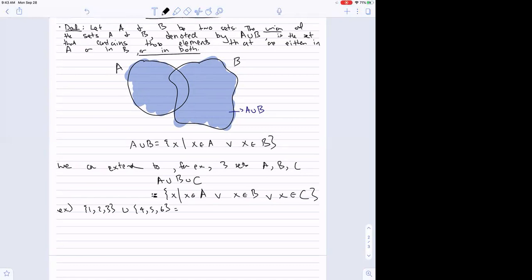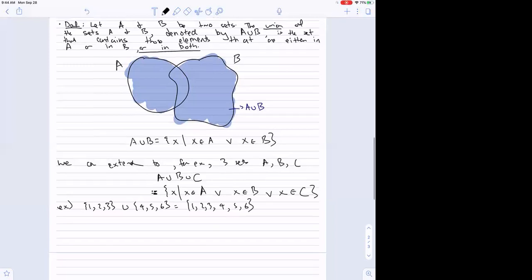The answer would be the set {1, 2, 3, 4, 5, 6}. Yeah, exactly. Great. So that's the union of these two sets.